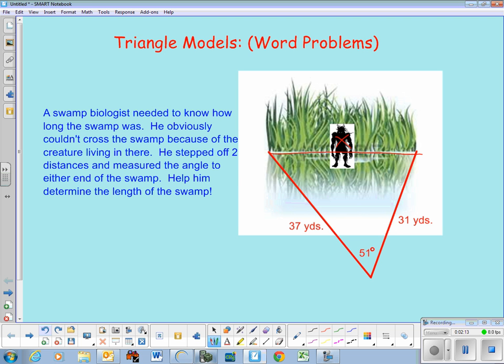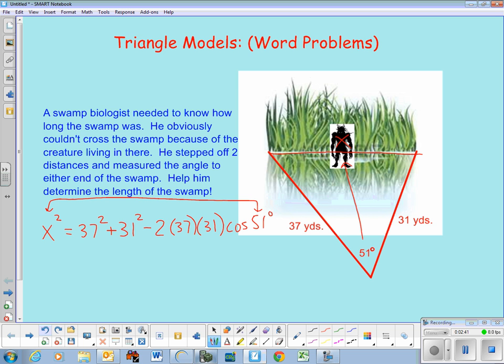So again, with side, angle, side, let's use x squared equals 37 squared plus 31 squared minus 2 times 37 times 31 times the cosine of 51 degrees. The 51 corresponds to the x because it's across the triangle.